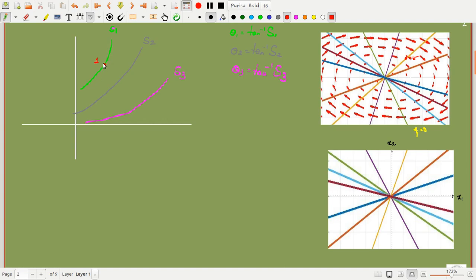It means that the phase trajectory passing through point 1 should leave the isocline S1 at an angle theta 1. Suppose I am at some point 2 on isocline S2, it means that it has to leave isocline S2 at an angle theta 2.